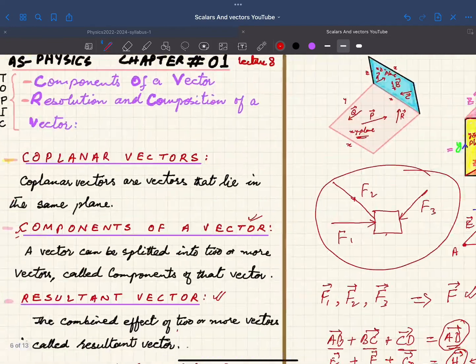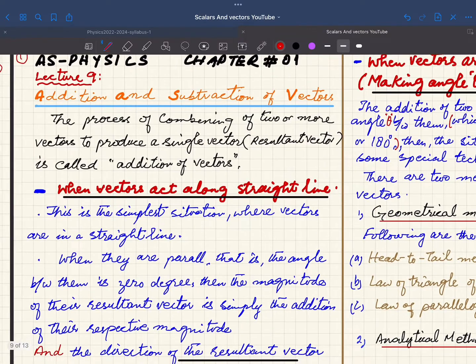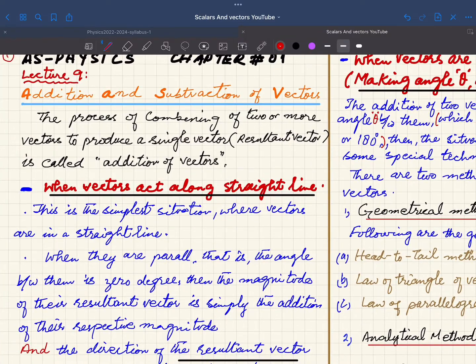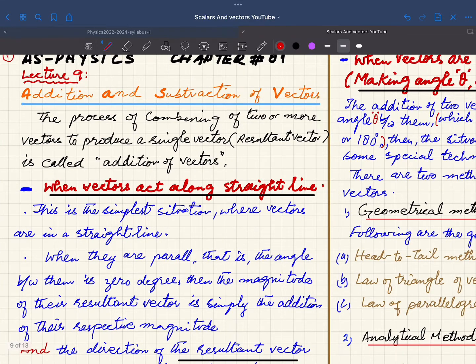As far as addition and subtraction are concerned, here we have the basic definition. What is addition? The process of combining two or more vectors to produce a single vector, a resultant vector, is called addition of vectors.